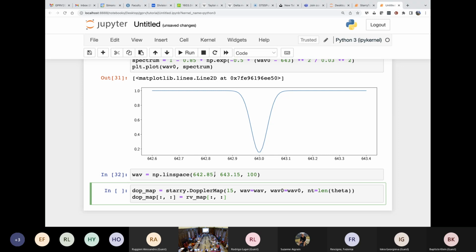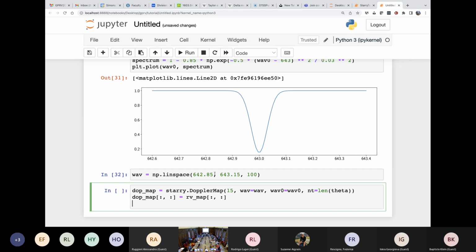If you index a map with two indices, those are the spherical harmonic l and m indices. So what this is doing is saying, I'm going to take all the spherical harmonic coefficients of the RV map, and I'm going to set the Doppler map's spherical harmonic coefficients to that. This is really just copying over the map coefficients. It sounded like a good idea when I was developing it, and once you get used to it, I think it's fine, but it takes some getting used to.